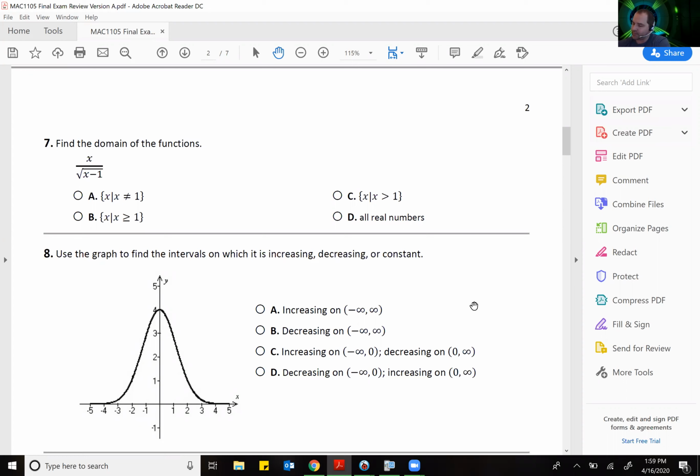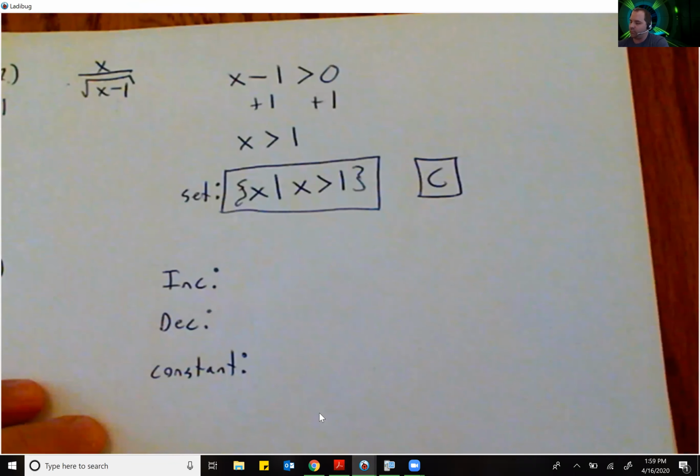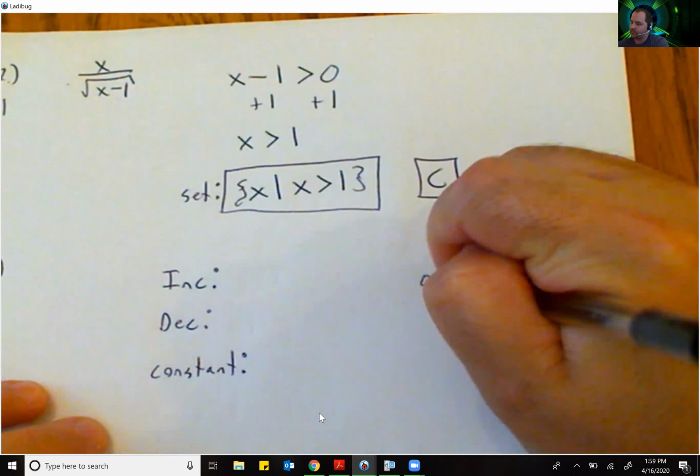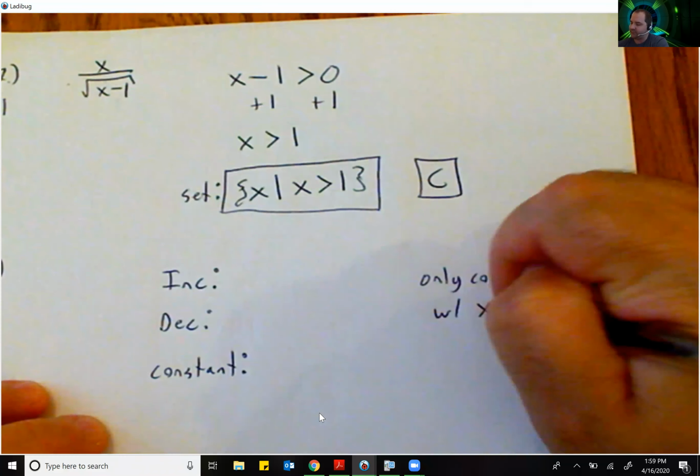Remember that when you are talking about increasing, decreasing, and constants, you are only concerned with X values.